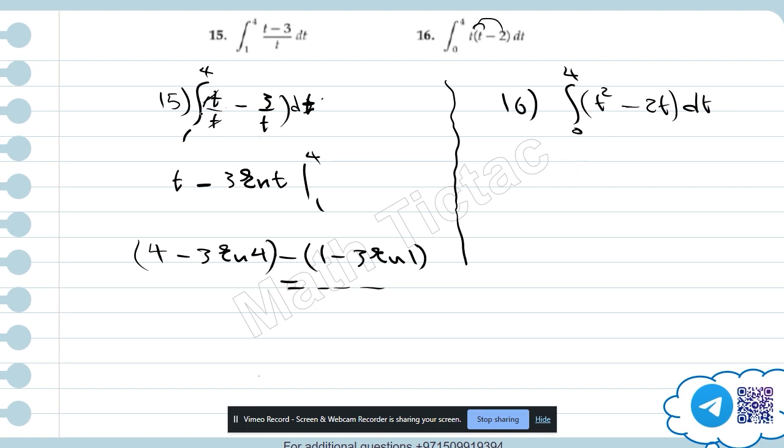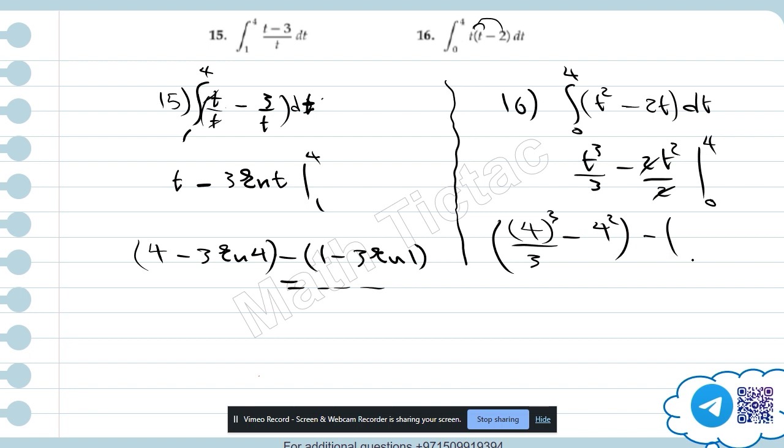So this is equal to t cubed over 3 minus 2t square over 2, from 0 to 4. So in here the lower substitution of both of them will be 0. So this is 4 to the power 3 over 3 minus 4 square. So just find the final answer.